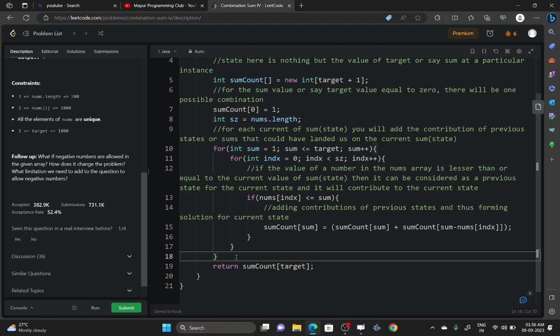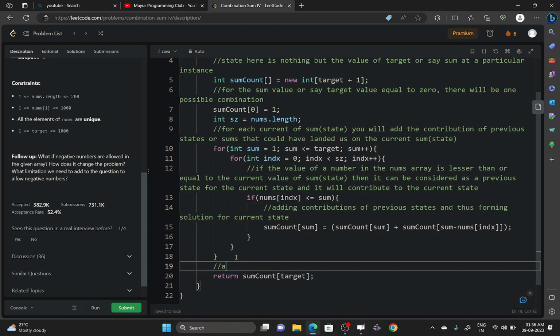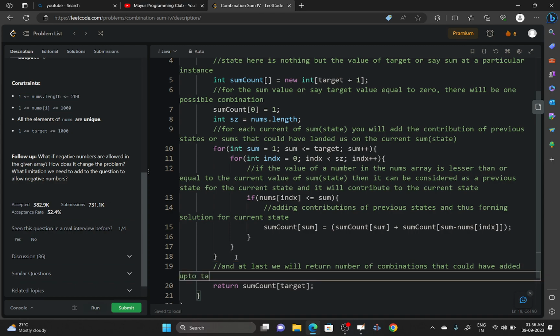And at last we will return the number of combinations that could have added up to the target.